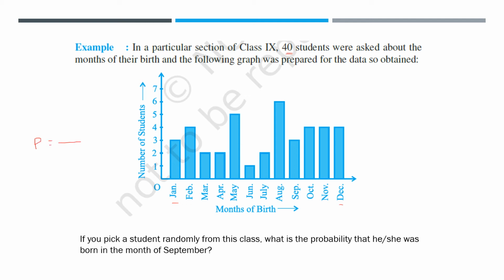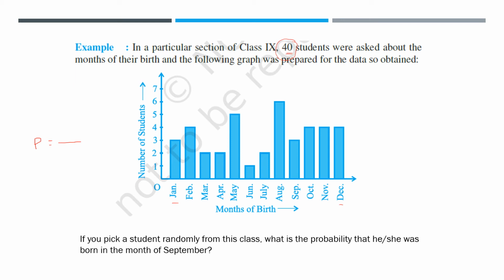First thing to notice, we are picking a student from this class randomly. So what is the total number of outcomes? We know this already from here. You can also add up all these numbers from January to December, but that's not needed.